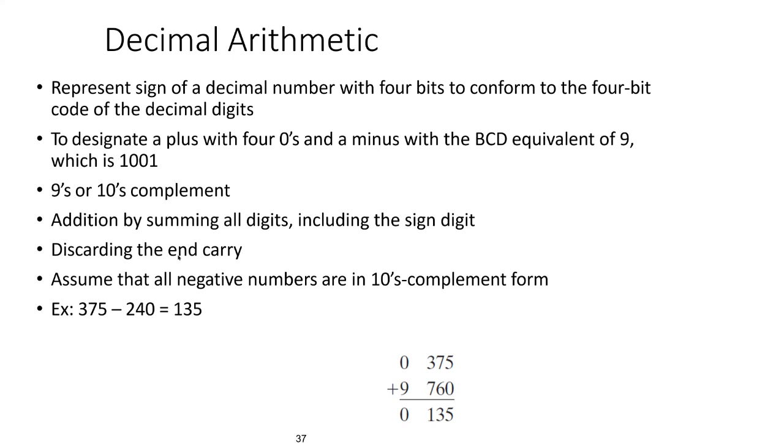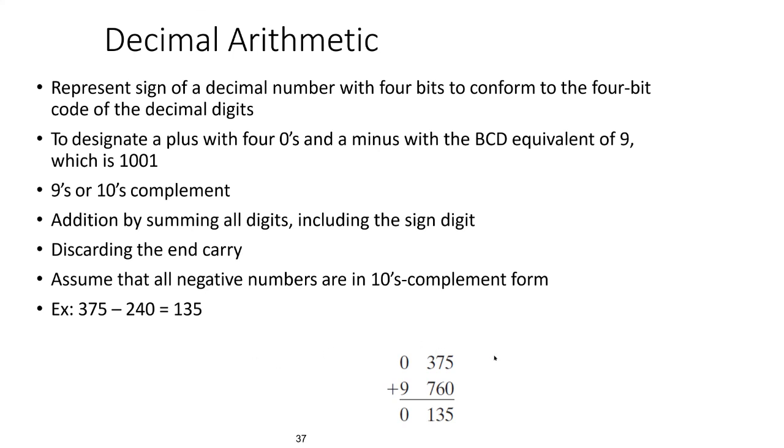Okay, so we go through, we add these two numbers together, and the end result is that when you carry these over, this is going to be 11, and you're going to have a 1 carried over here, which essentially is the end of the 4 bits for BCD, and you have a carryover into the next range of bits, which is just going to be the sign, and you just discard that.